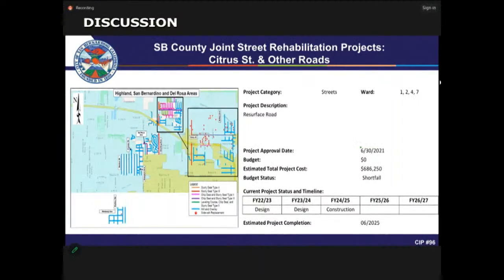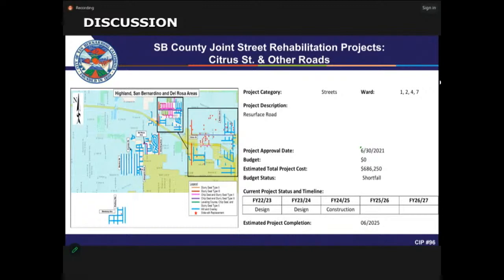So the next project is in the Citrus area. Again, the map shows the areas between the city and the county, and on the southwest corner is the city of Highland. Again, we're only talking about the areas in the boundary of the city and the county area.